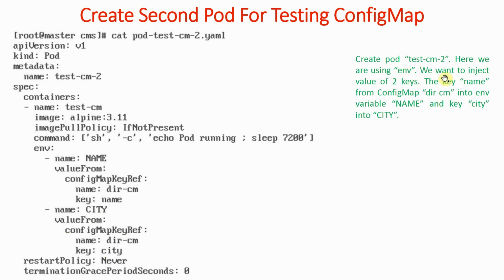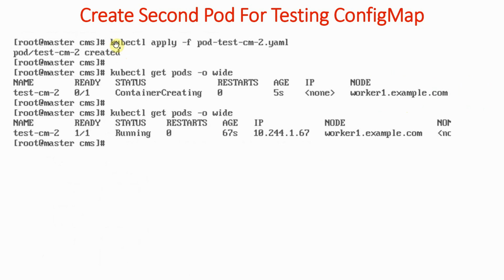That means here we were using env. We want to inject the values of two keys, the key name from the config map into environment variable name and key city into city. So now we are going to run kubectl apply -f pod test cm2.